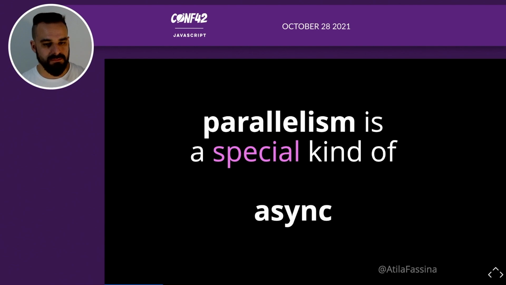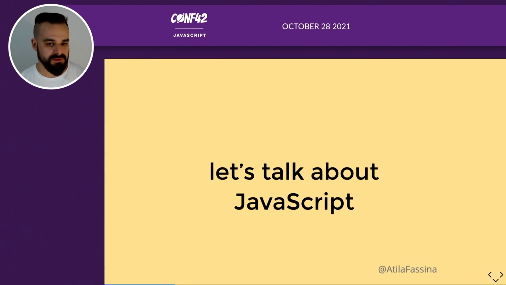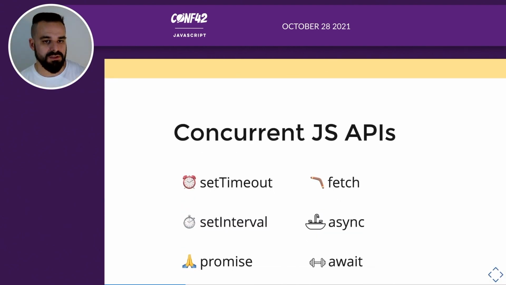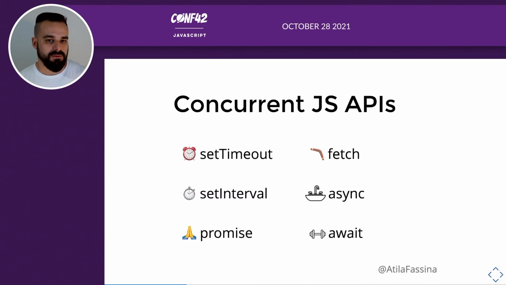But what does that actually mean for JavaScript? This conceptual talk is really great to get the gist of what multi-threading actually means, but we need real code examples, right? So let's have a look at our APIs. We have a bunch of asynchronous APIs, and these ones mentioned here in this slide are all concurrent.